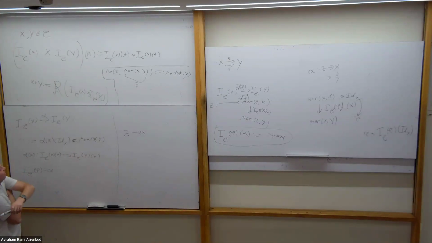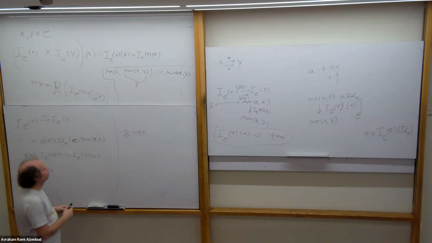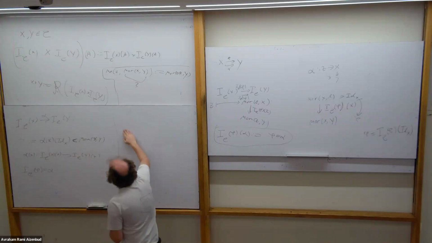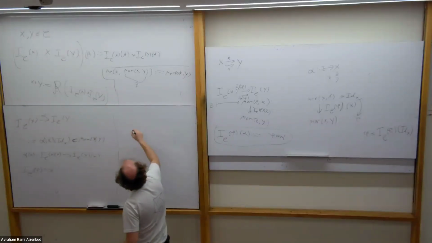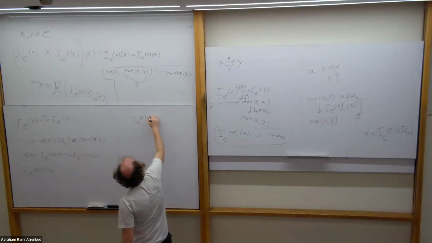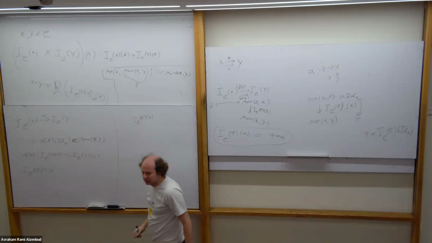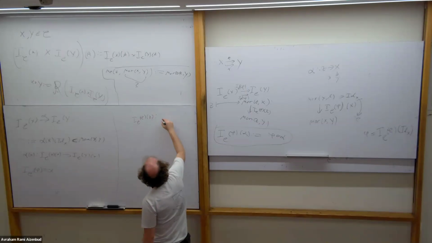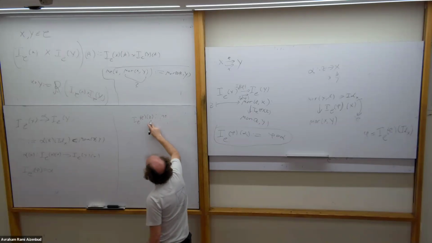So what we need to show is that IC of phi is equal to alpha. So IC of phi of z, what does it mean?